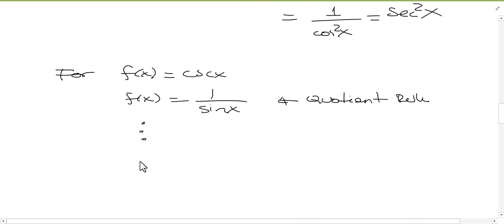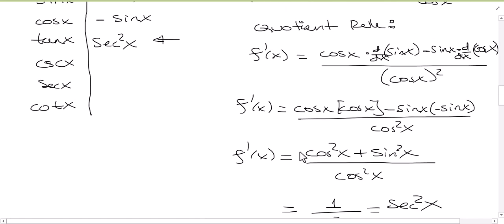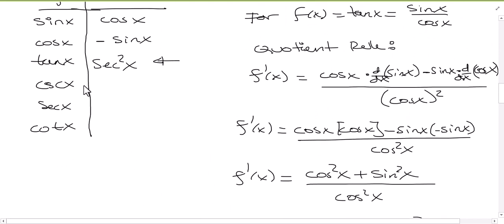But what you should get is that the derivative of cosecant is negative cosecant cotangent. And so we can fill in our derivatives here. The derivative of cosecant is negative cosecant cotangent. The derivative of secant is secant x tangent x. And the derivative of cotangent is negative cosecant squared x.